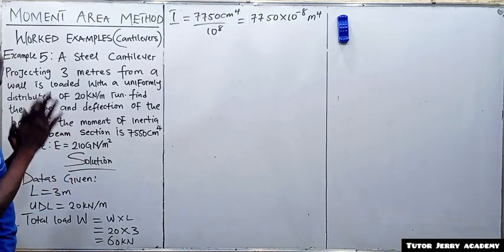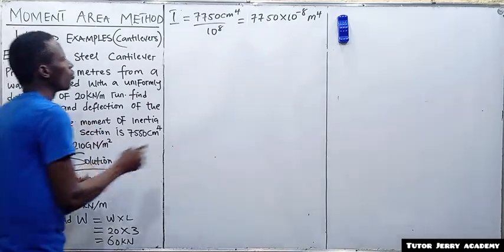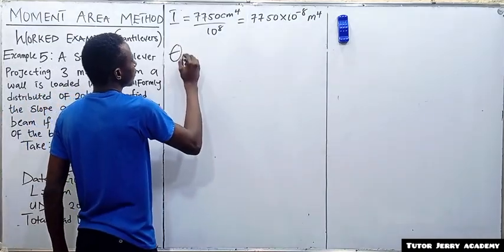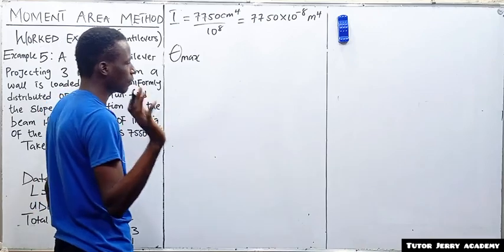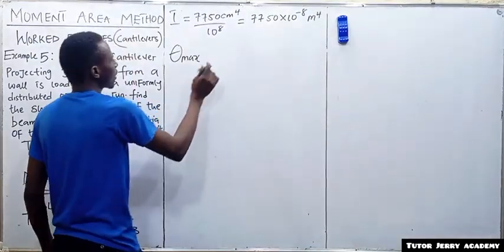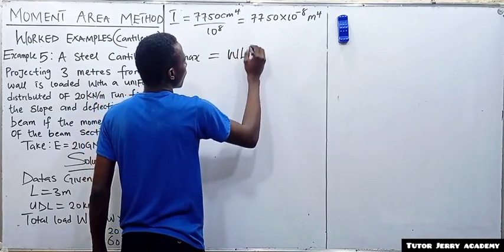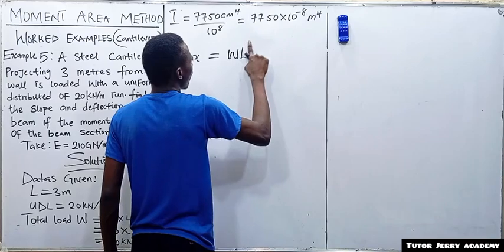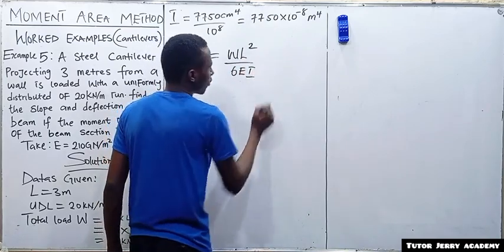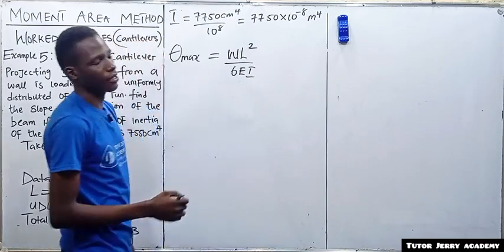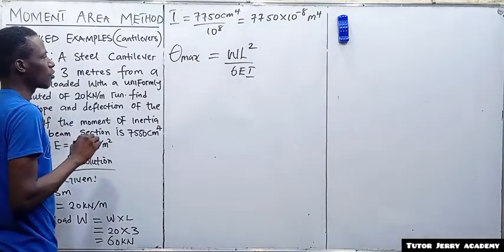Now for a cantilever with a uniformly distributed load, we have derived that the maximum slope, theta max, is equal to WL to the power of 2 all over 6EI. We derived this in our previous videos, so do well to go over them.